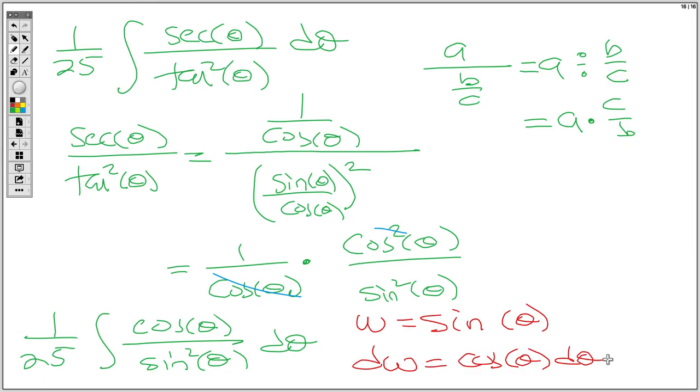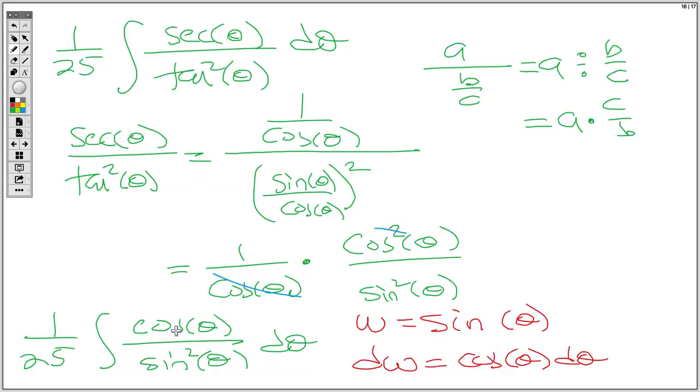So we're in the thick of it now, folks. We started with x's, we went to u's, we went to thetas, and now we're in w's. This is why this is the last problem we do. So this is equal to 1/25th integral, and this here is your dw.